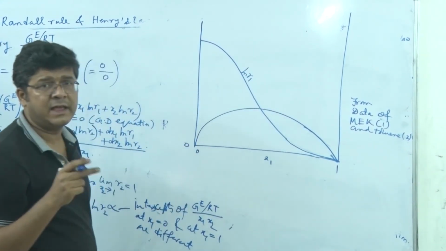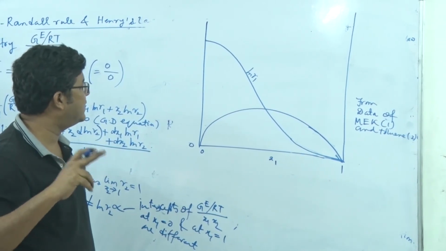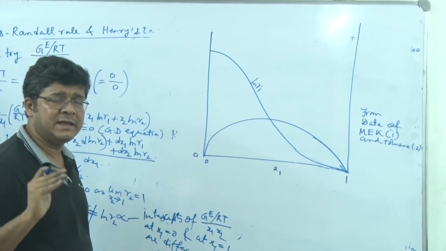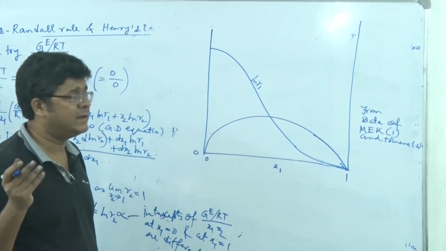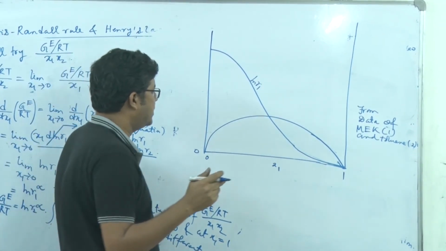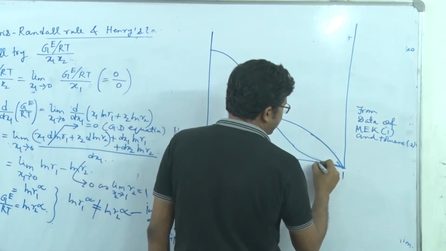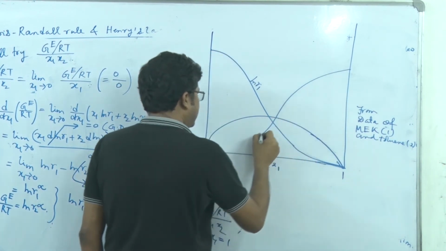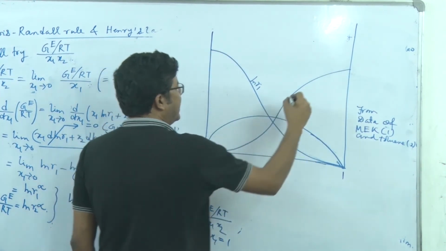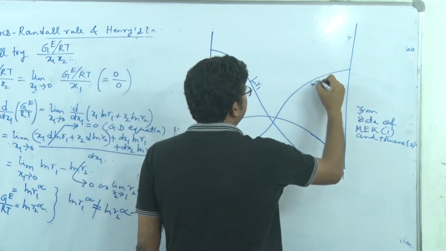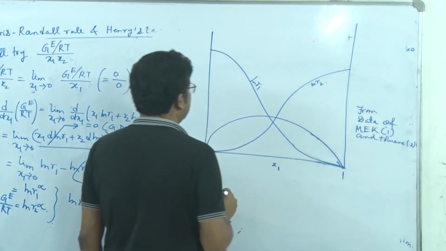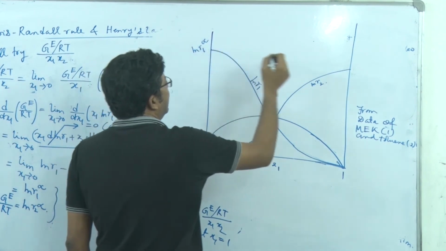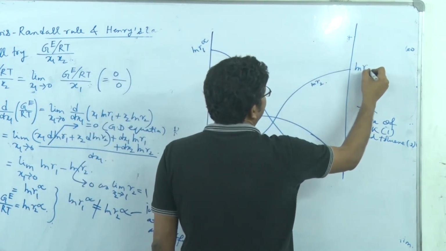If d gamma 1 by dx1 is 0 at x1 tending to 1, definitely the derivative of ln gamma 1 is also equal to 0, right? So it will be approaching this value, and this is the plot for ln gamma 2, right? And what we observe is that this must be ln gamma 1 infinity and this is ln gamma 2 infinity.